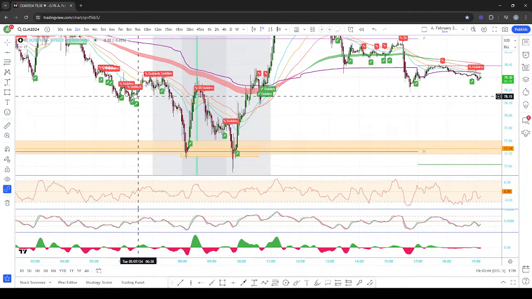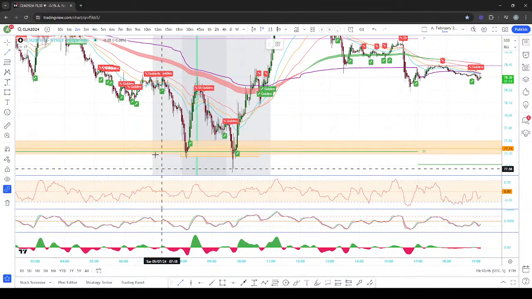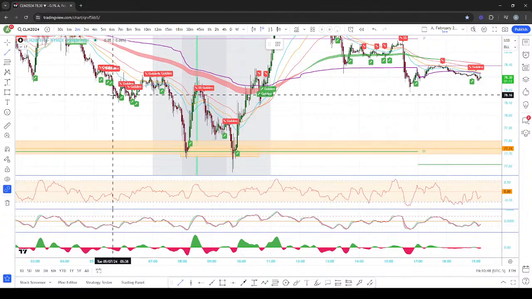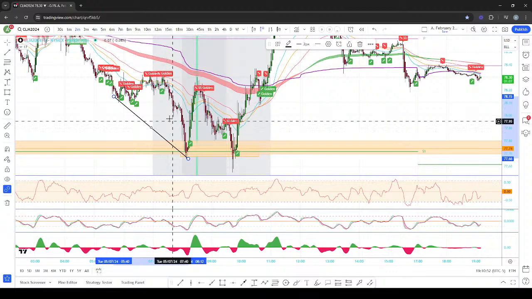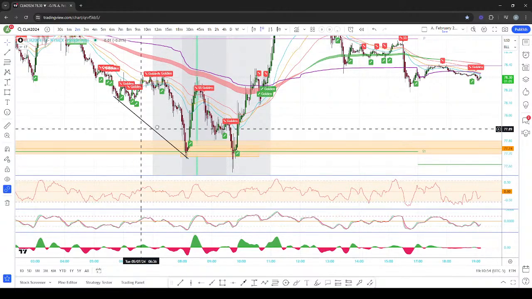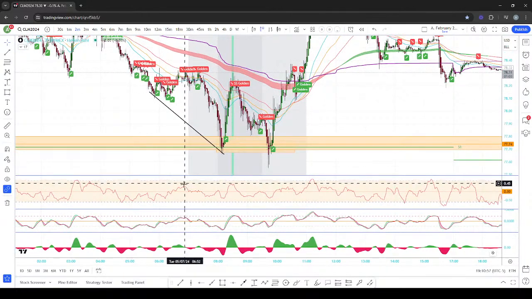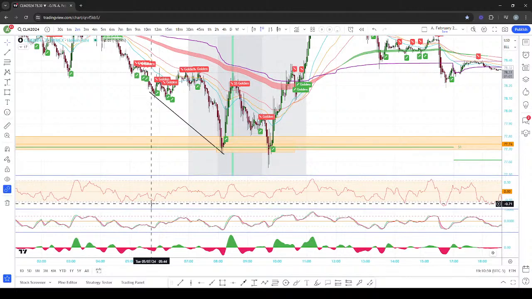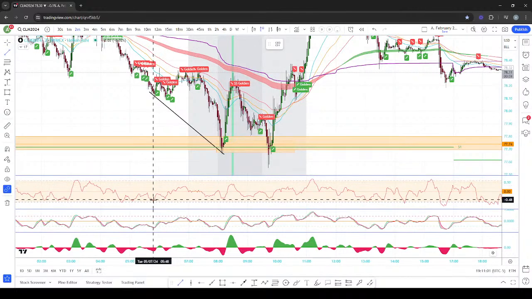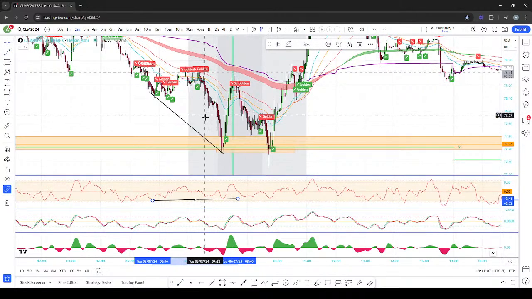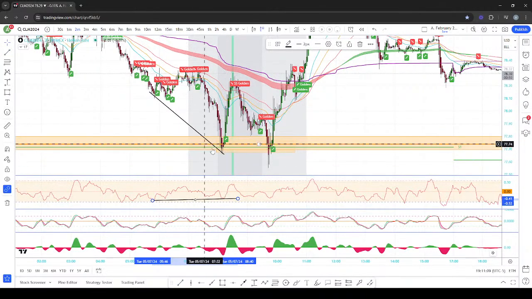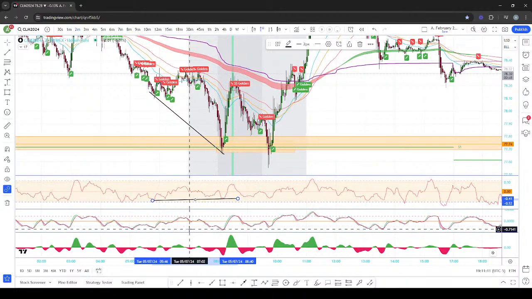And from this area, from this dip right in here down to this, you can also check for a nice bullish reversal area. So I like to look at my oscillators, and right in here you can see this is going up a little bit, so that tells me right there that this is a nice bullish divergence.